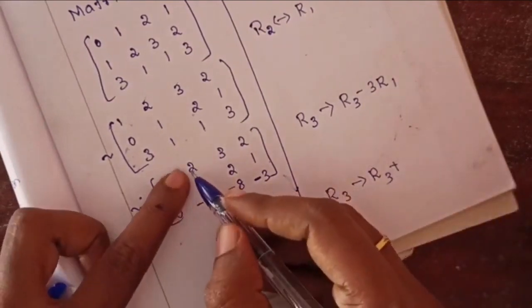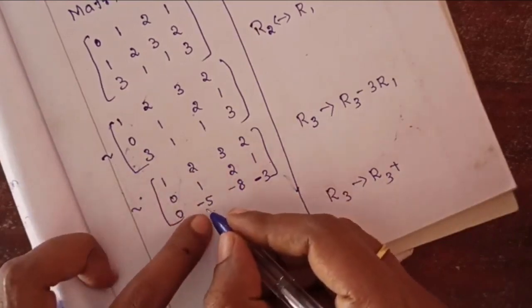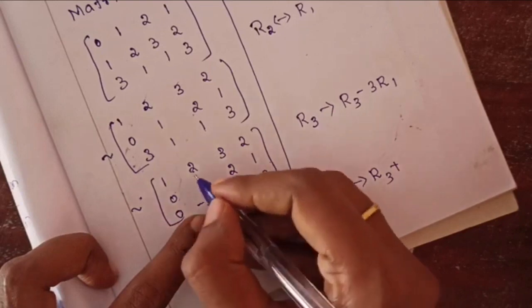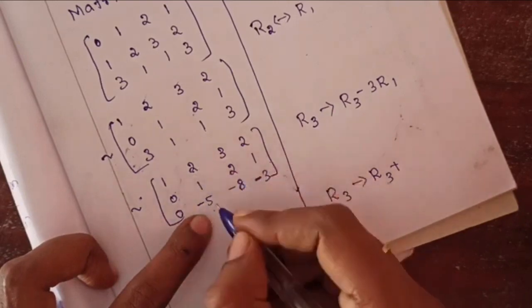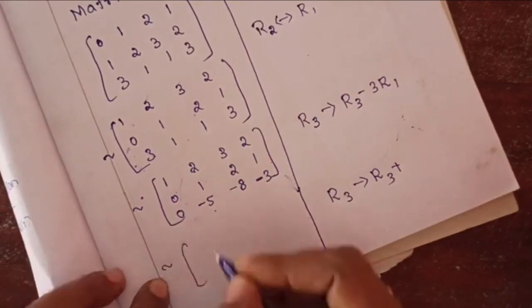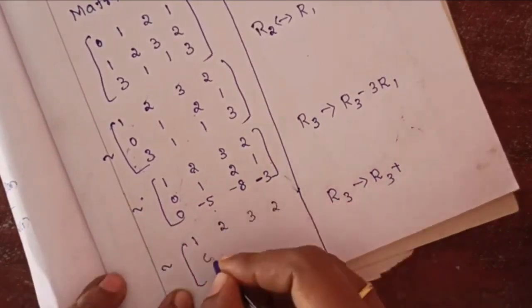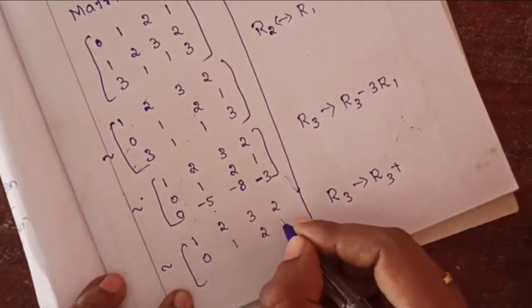Here it is 2, is it right? If I make R3, that is minus 5 plus 5 into R2, this entry will become 0. Understand? First row and second row same: 1, 2, 3, 2, 0, 1, 2, 1.